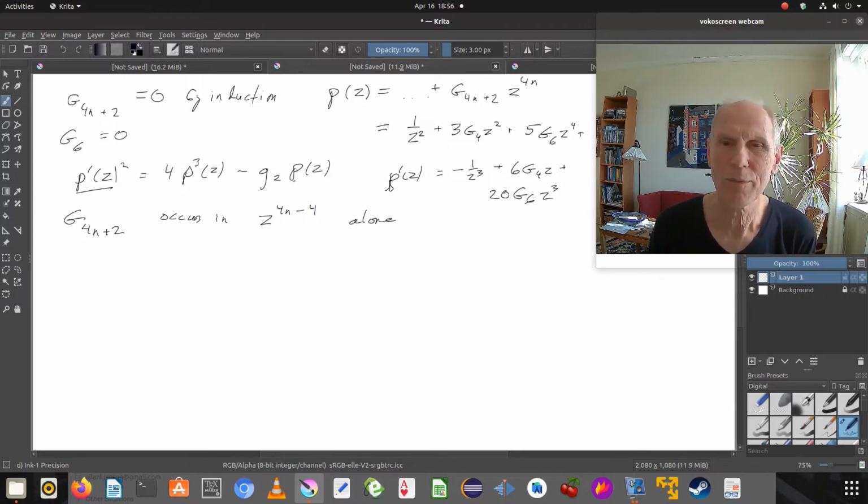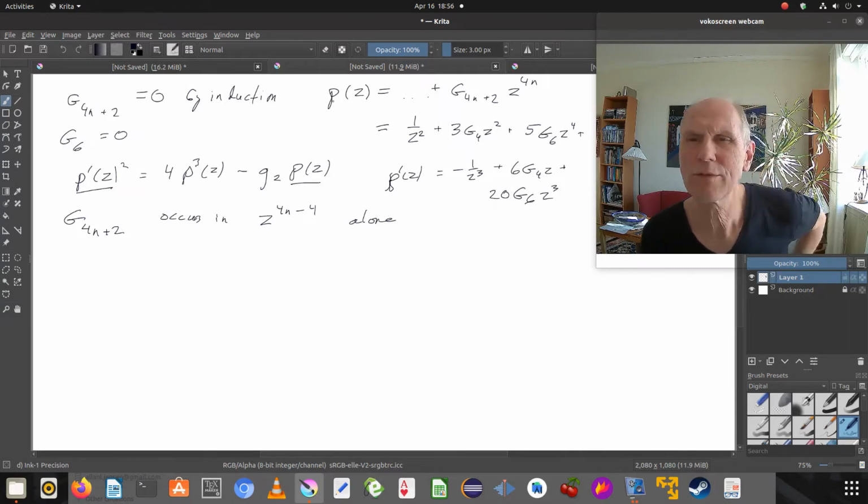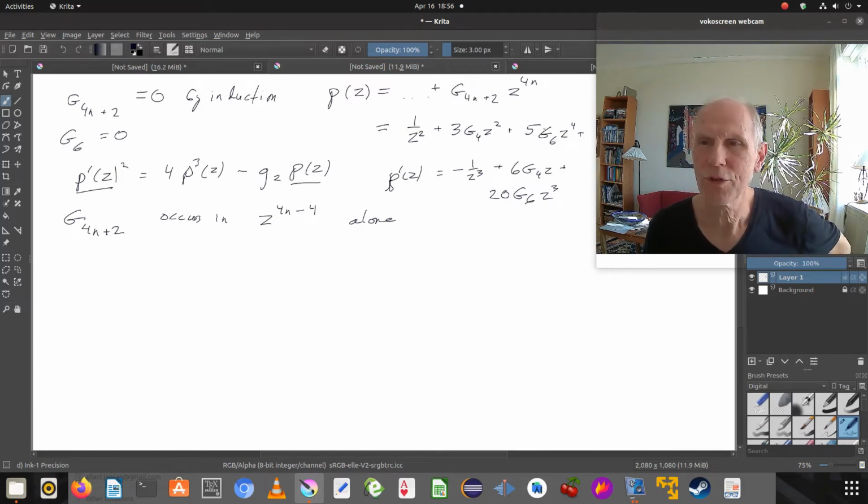So that was this guy. Then we have the elliptic Weierstrass function itself. And it's obvious that when 4 divides the power, the coefficient we get is 4n minus 2 only.